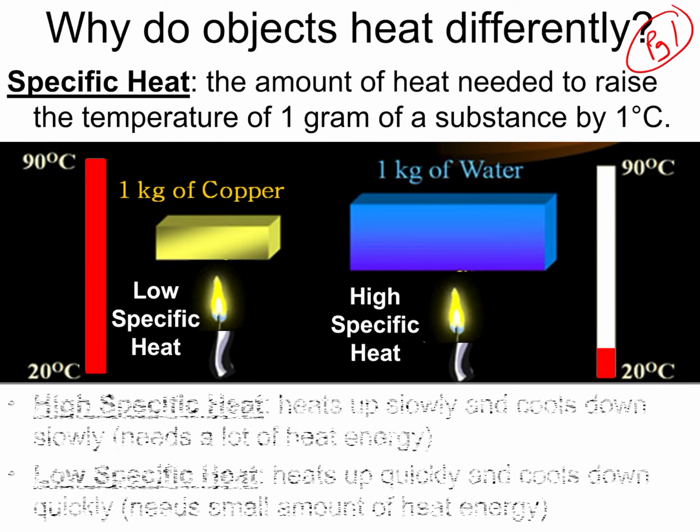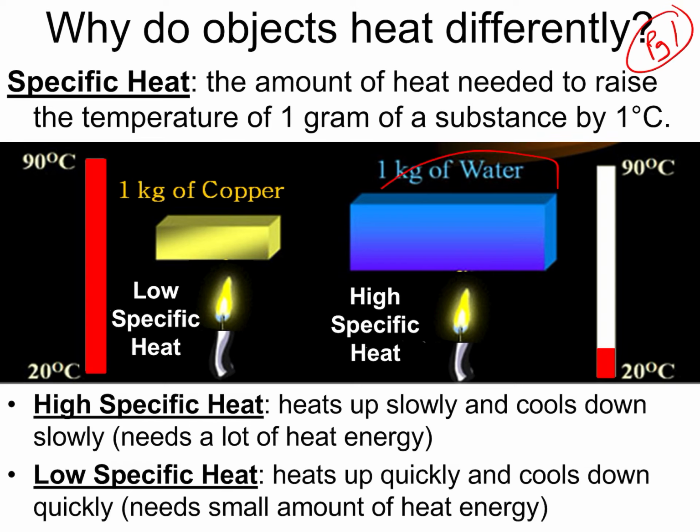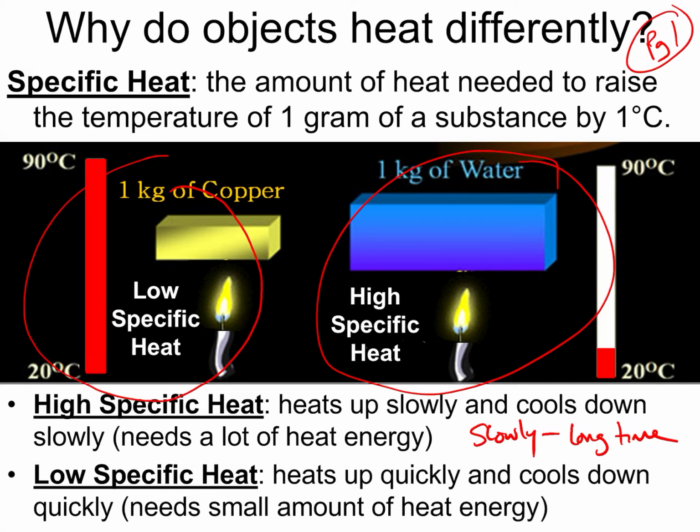So if you have a high specific heat, which is water, it requires a whole lot of energy to change temperature. That's why it happens very slowly. It's going to take a long time to change temperatures, okay? Versus something that is metal, which has a low specific heat.